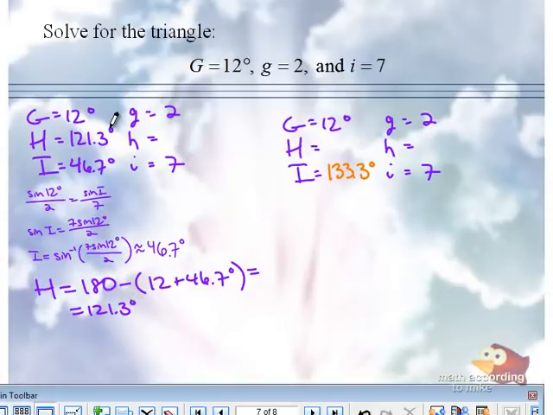Now that we have angle H, we can use our given pair, g and G, to find side h. So you have h over the sine of H. I'm just going to go right to it. 121.3 degrees equals side g, 2, over the sine of angle G, sine of 12 degrees.